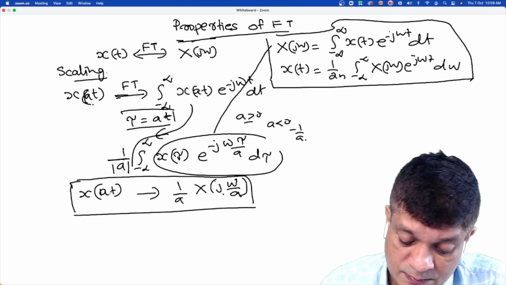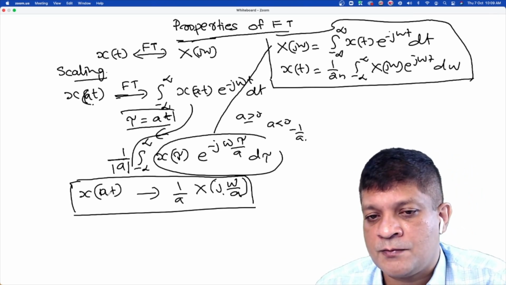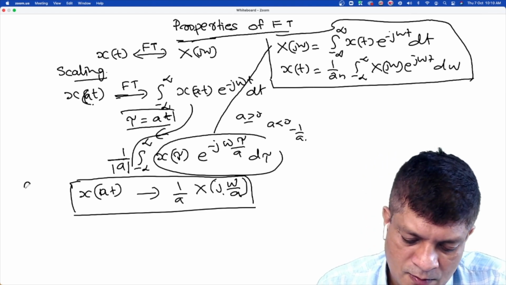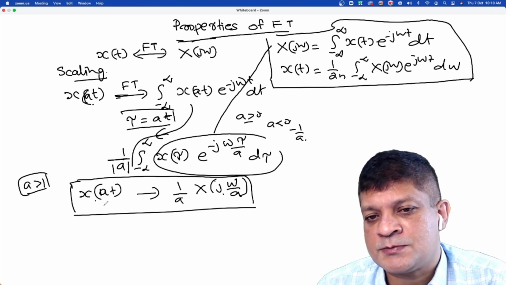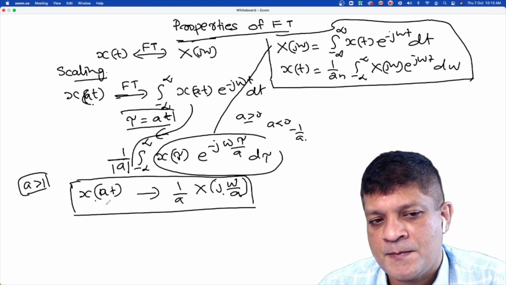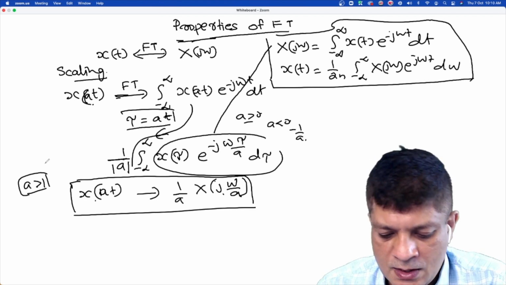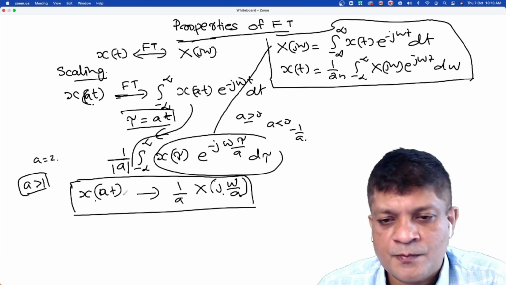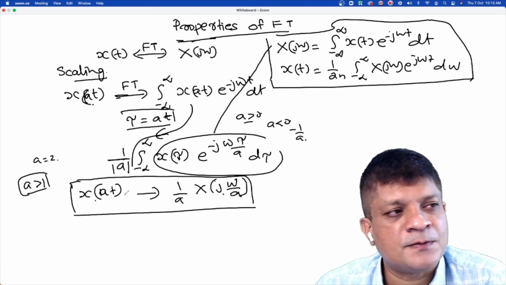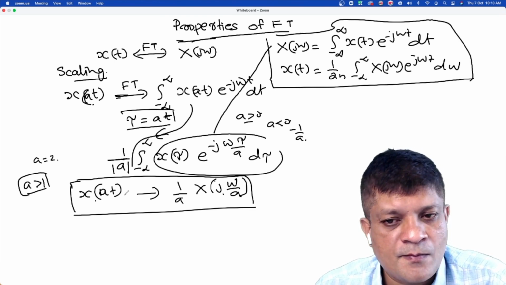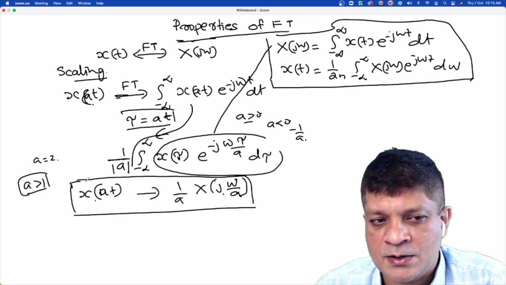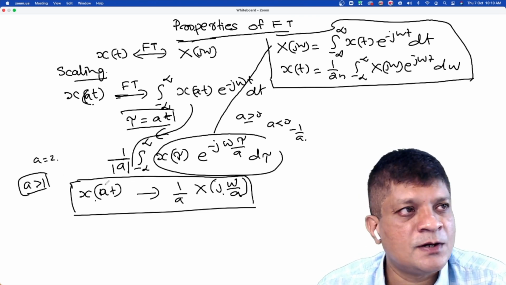First, let us discuss what is the significance of this value of a. If a is greater than 1, is it compression or expansion in the time domain? Let's say a is 2. It is compression by a factor of 2.